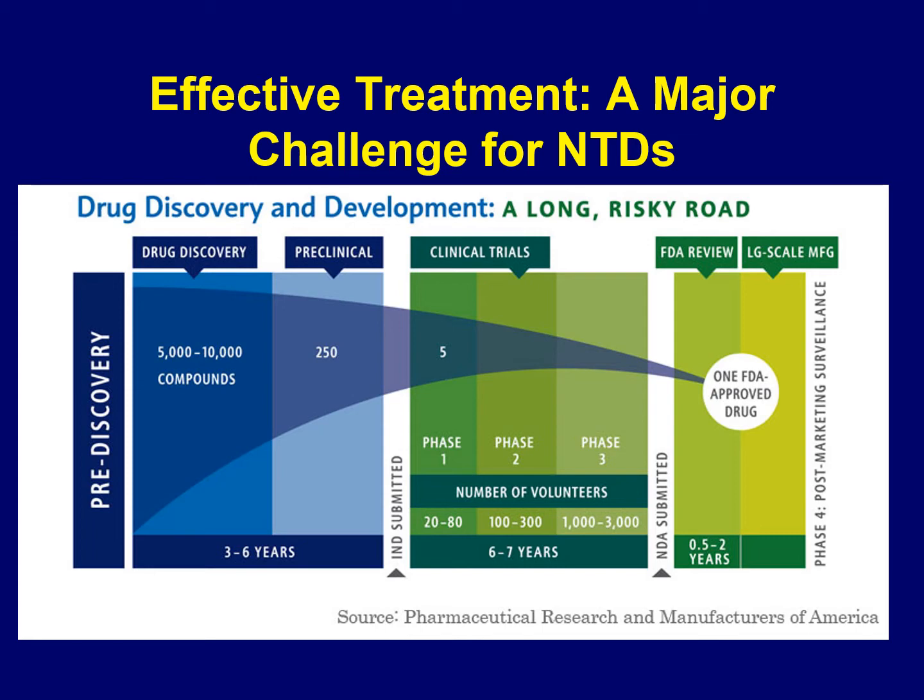So this is a very long and risky process, and you can imagine this costs millions and millions of dollars, lots of investment. And when you think about diseases like neglected tropical diseases, it's very hard to convince a pharmaceutical company, which has a for-profit business model, to invest in drug development for populations that are not profitable in the end.